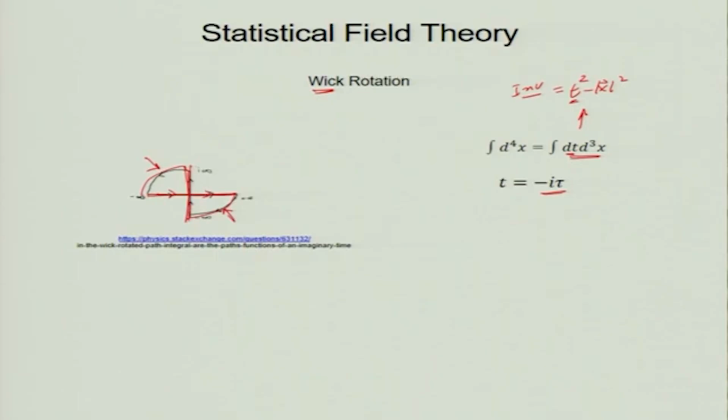As a result, I just replace this t by minus i tau, then it becomes, you see, all of them are added, plus plus plus. And this integral, this one is minus i d4x. So, it is like dx, dy, dz, dw, the standard integral we do in classical physics. So, this is Minkowski space.